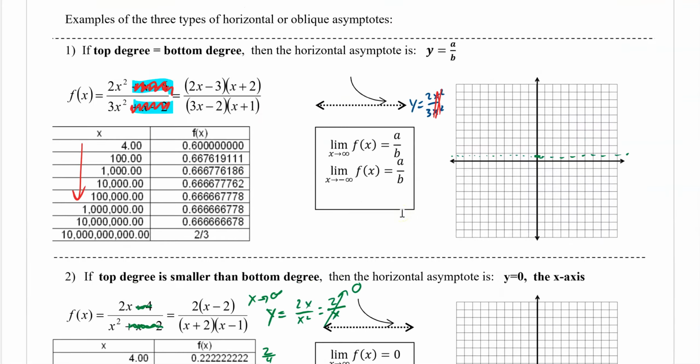You put y equals those two numbers and you draw the line. If the bottom degree is bigger than the top, then we know it's going to go off to 0. And so you put little dotted lines, and that is what our horizontal would be. And if the top is bigger than the bottom, then you want to divide it synthetically so that we can create that fraction, which will then go off to 0, leaving us with our equation of the line.